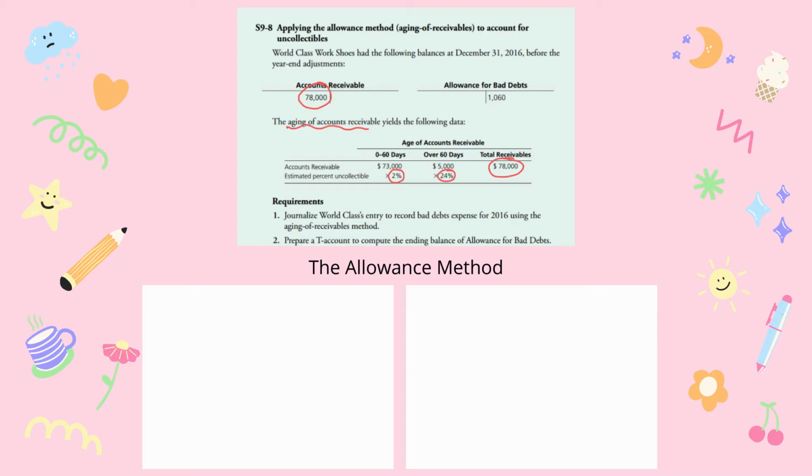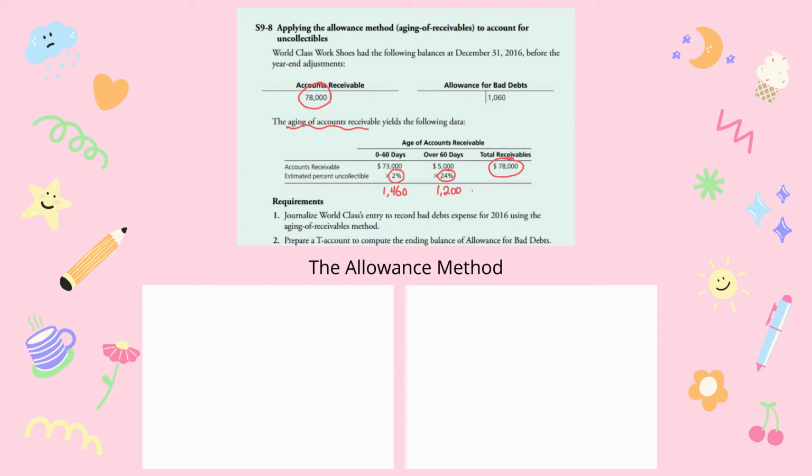Now, what is the total amount estimated to be uncollectable? So I need to multiply 73,000 by 2%, so it's going to be 1,460. Then I need to multiply 5,000 by 24%, so I'm going to get 1,200.